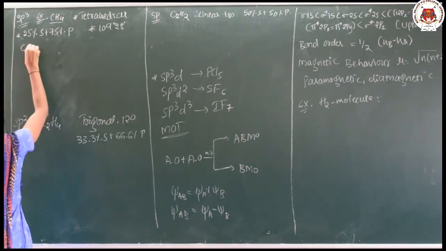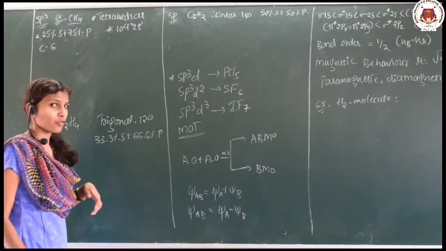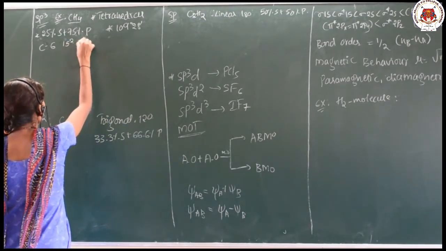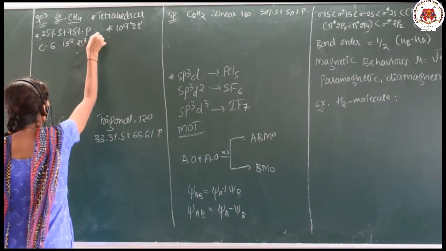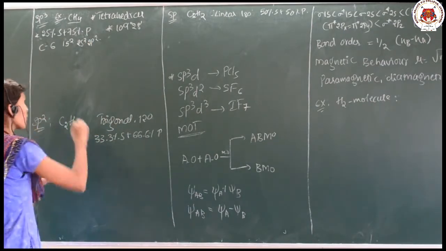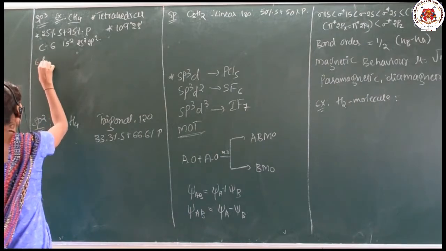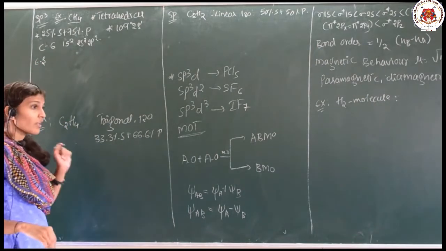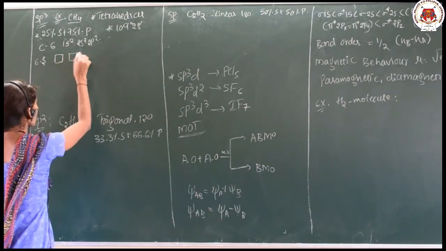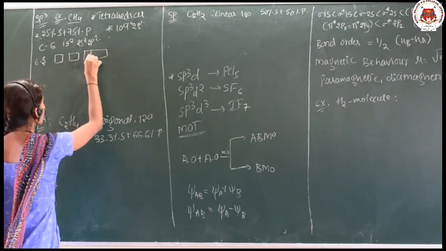Methane has carbon whose atomic number is 6, and its configuration I am going to write as 1s2, 2s2, 2p2. This is the ground state electronic configuration. Then the excited state, shortly written ES. This is the 1s orbital, the 2s, and the 2p orbital.